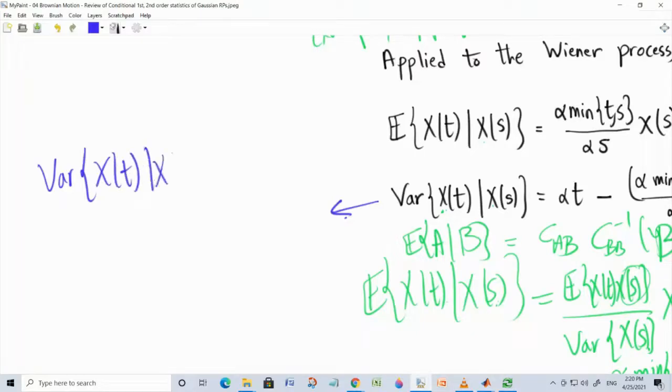Variance of x of t given x of s. What is the formula to use?